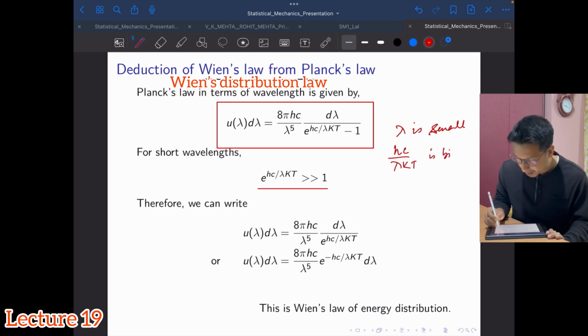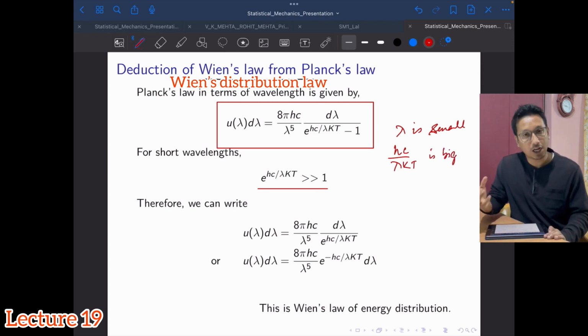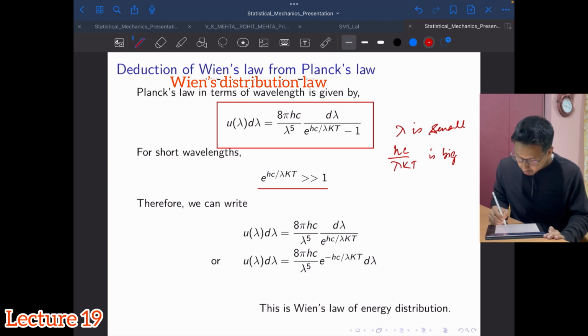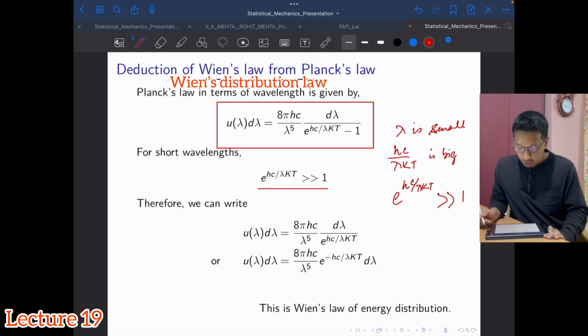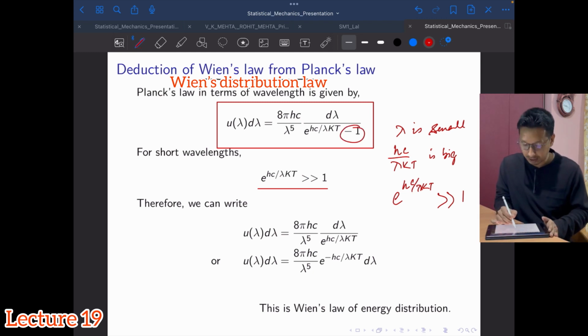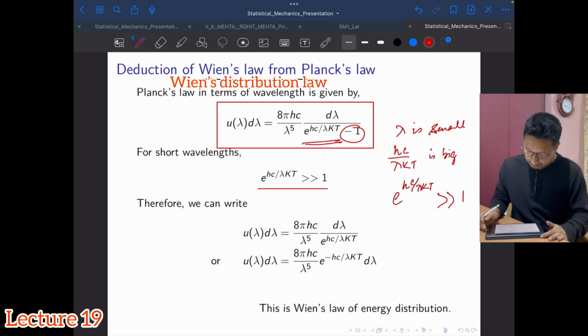The exponential of this term will be even bigger, much greater than 1. Since it is much greater than 1, I can ignore the 1 present in the denominator, because the exponential term is way larger than 1. So I will remain in the denominator with e to the power hc by lambda kT.